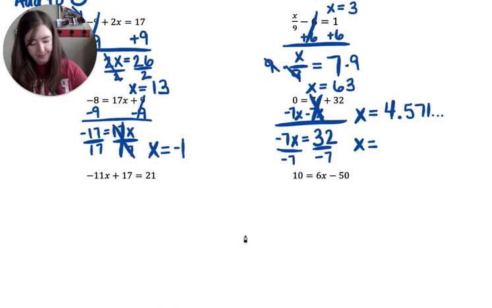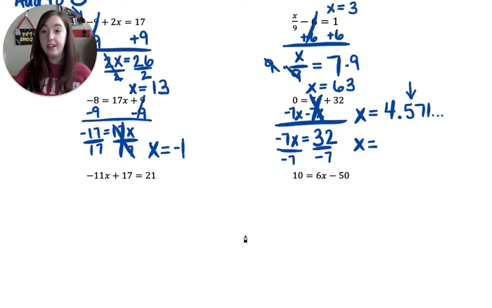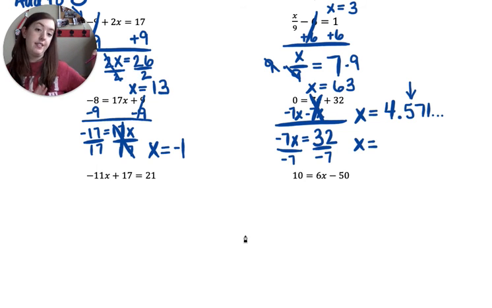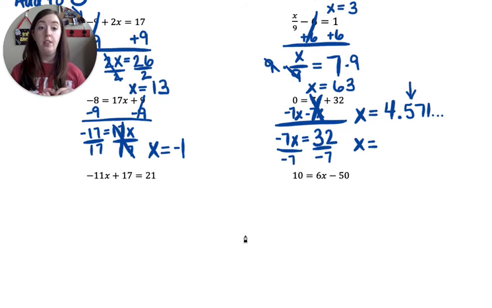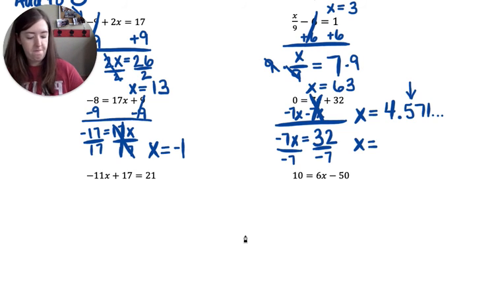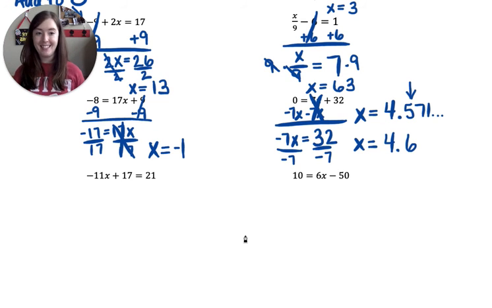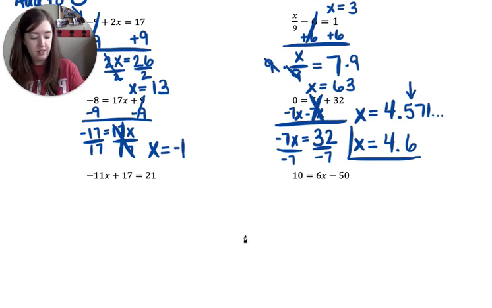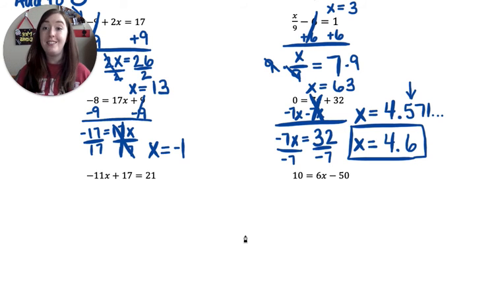That's where we were. So I went around to this digit right here. So looking at the next number, I have a 7. So that means I have to round up. The one larger than 5 is 6. So we'll end up with 4.6. And that will be my answer since it told me to round to the nearest tenth.